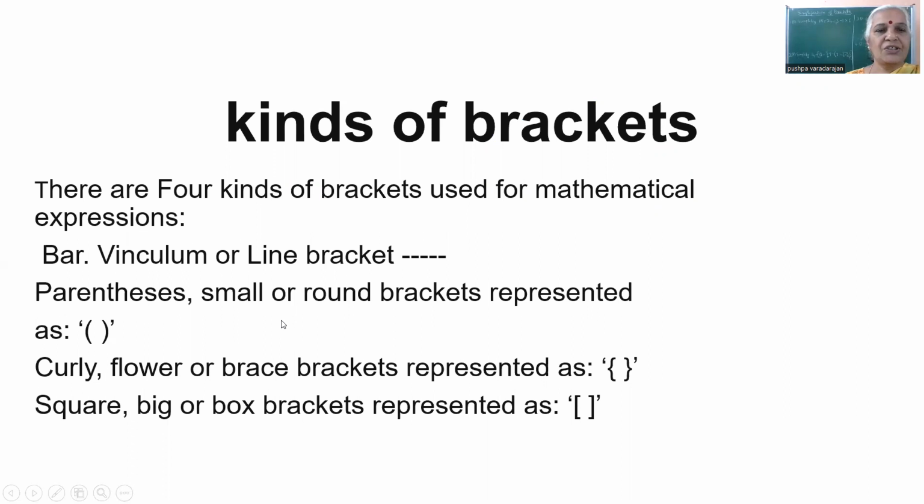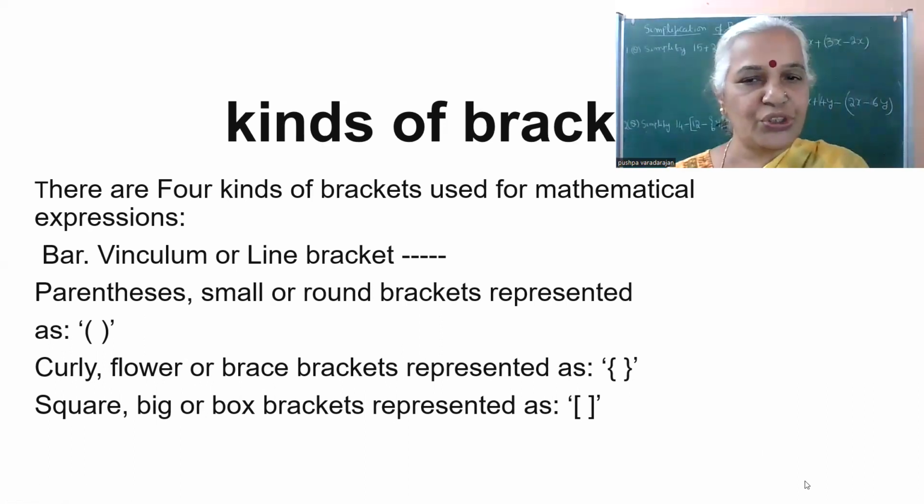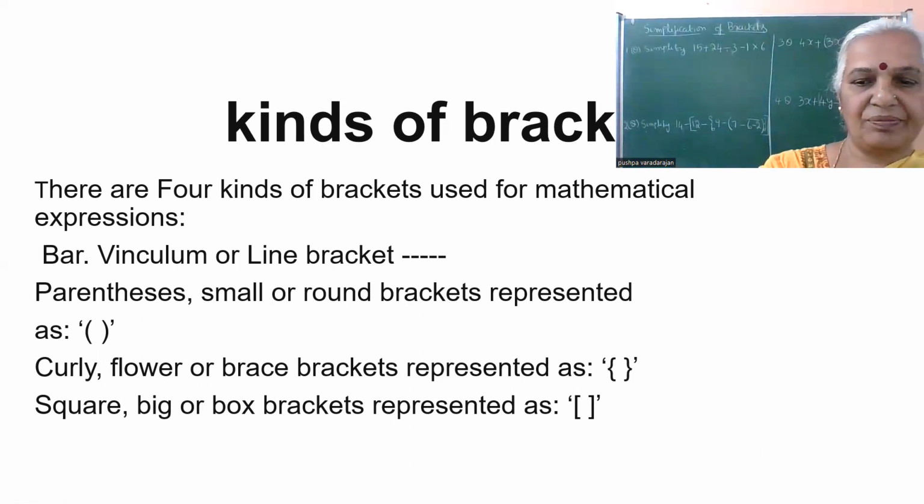Parenthesis, small or round brackets, represented like this. Curly or flower or brace brackets represented like this. And square, big or box bracket is represented like this. Here you have learned the different types of brackets used in mathematics.